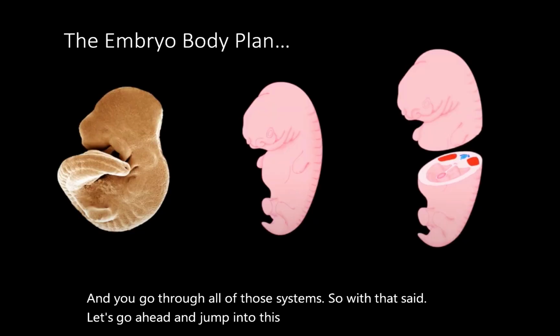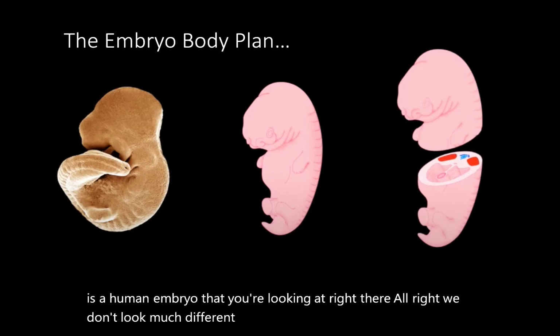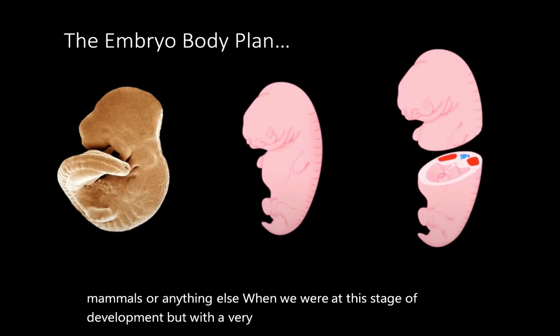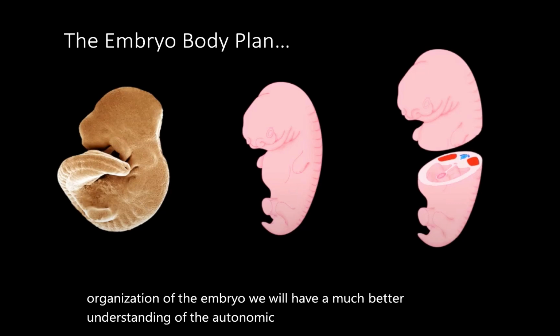The basic embryo plan, and this is a human embryo that you're looking at right there. We don't look much different than a fish or a bird or a reptile or other mammals or anything else at this stage of development, but with a very simple understanding of the organization of the embryo, we will have a much better understanding of the autonomic nervous system overall.